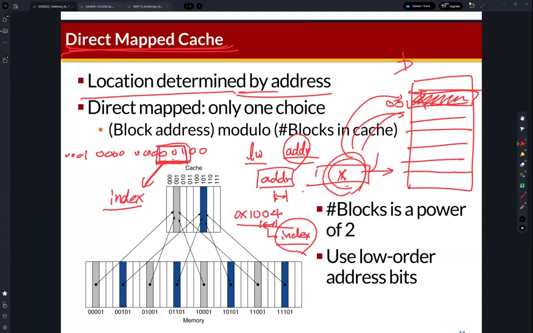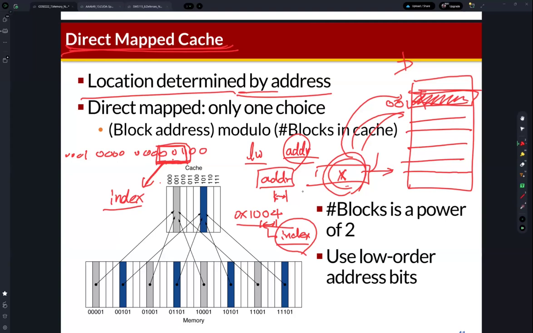Using this part of the address as the index of the cache, we can determine the location of the data in a cache.